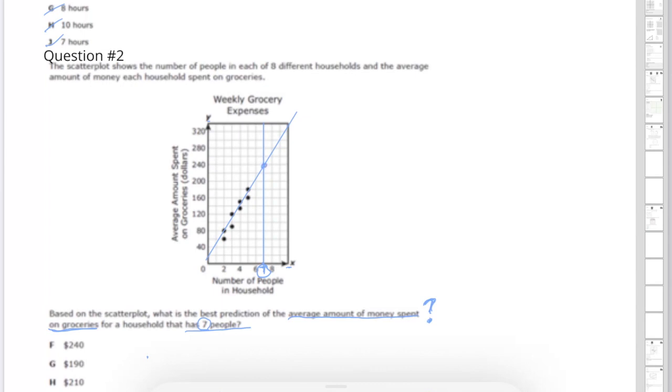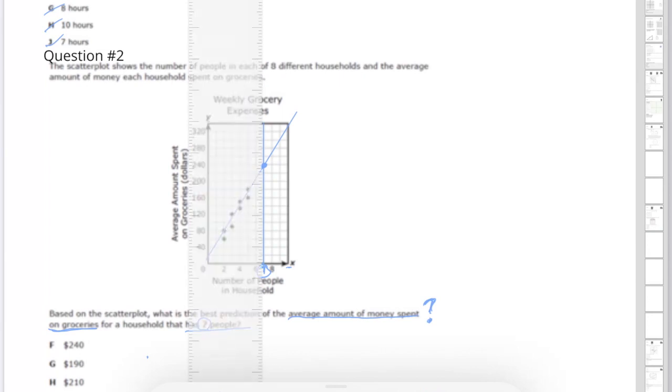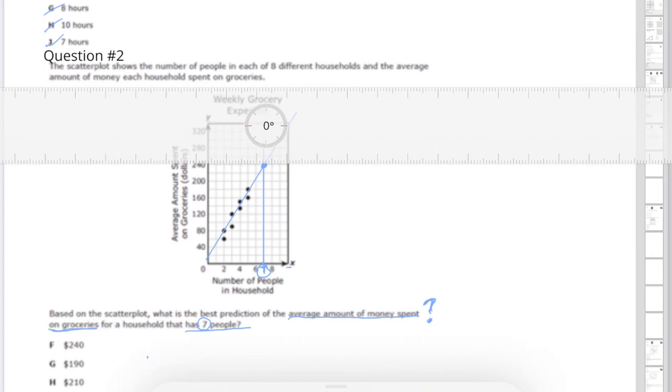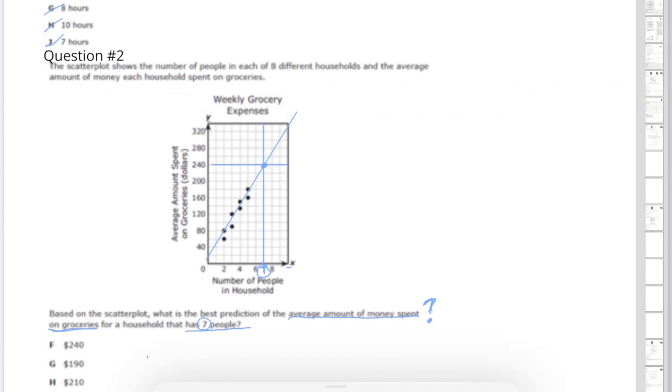And if I take the ruler and draw another line, I can see how far across it goes. When I draw that line, it stops at 240. So 7 people are going to spend about $240 a week.